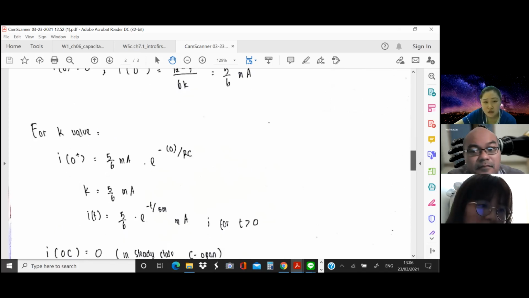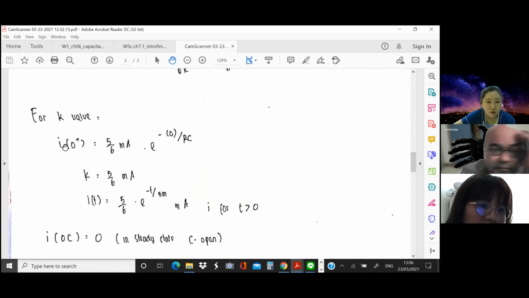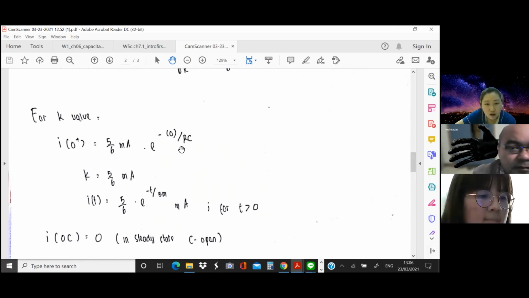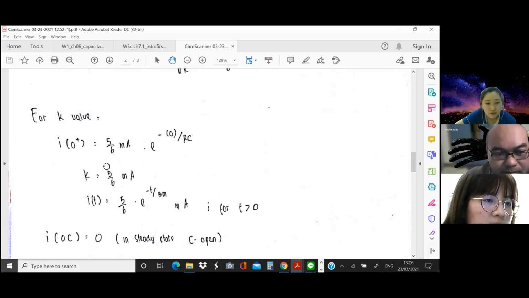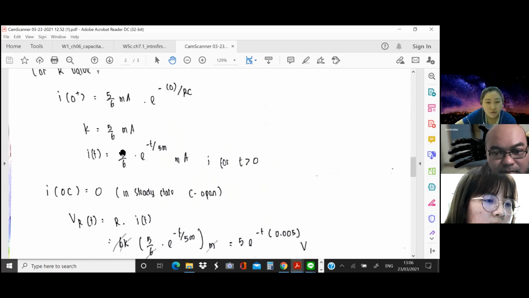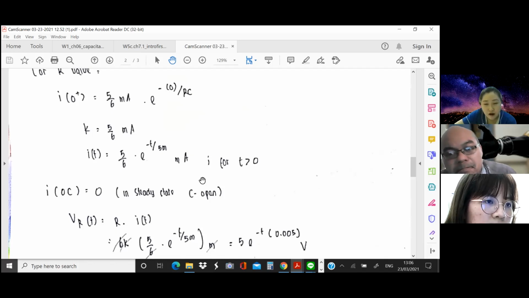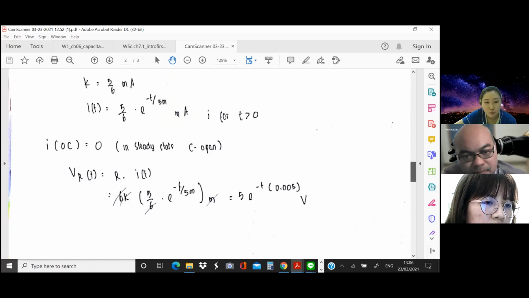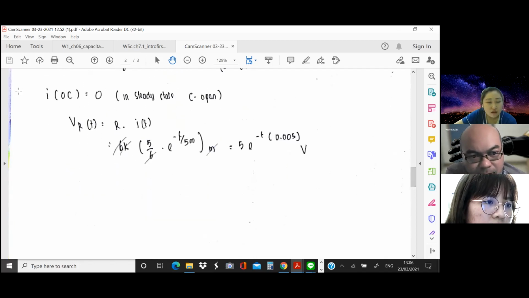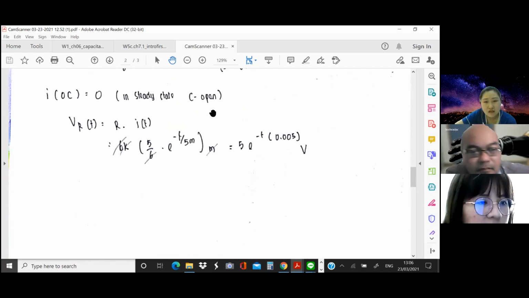And then for the K value, I0 is equal to 5/6 milliampere times e to the power of 0 over RC, so K is 5/6 milliampere. Then I(t) is 5/6 e to the power of minus t over 5 milliampere, for t greater than 0. Then Ic equals 0, which is in a steady state where the C is open.